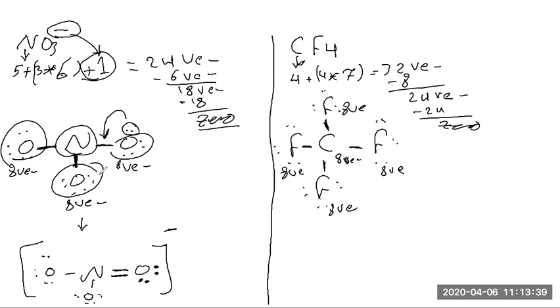So you can form, for example, a double bond with this oxygen, or you can form this double bond with this oxygen.